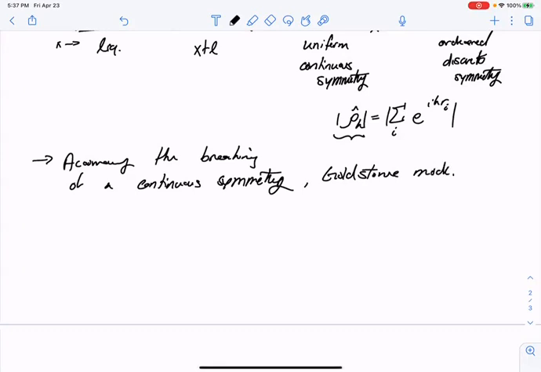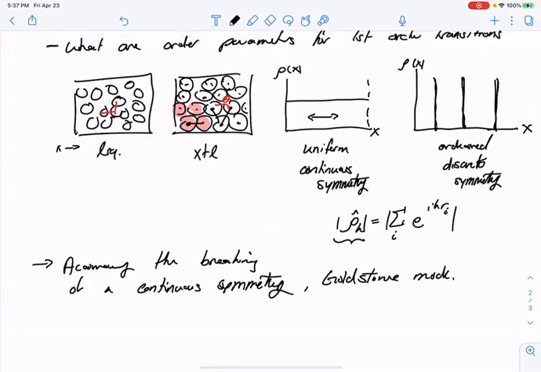This mode is a low energy excitation occurring in the ordered state, and that reflects the fact that a continuous symmetry can be broken spontaneously in any of an infinite number of ways. I could choose to align that crystal in an infinite number of directions, and they're all thermodynamically equivalent. That means that there are an infinite number of degenerate minima on some free energy landscape, which the system could potentially fluctuate into.